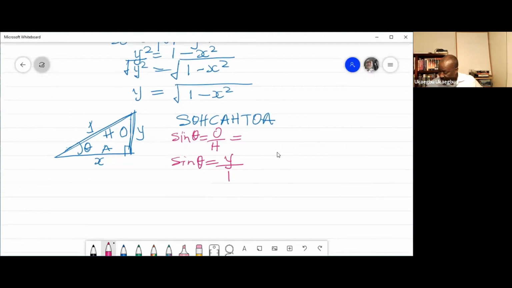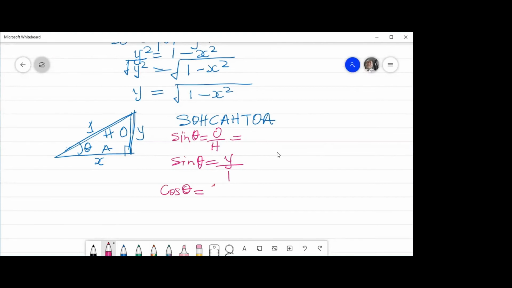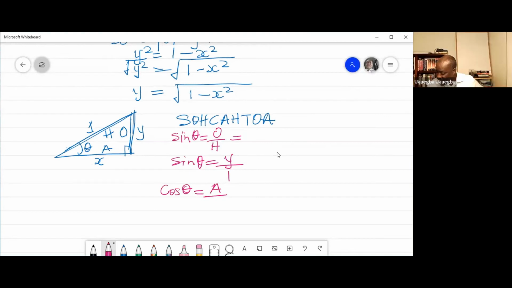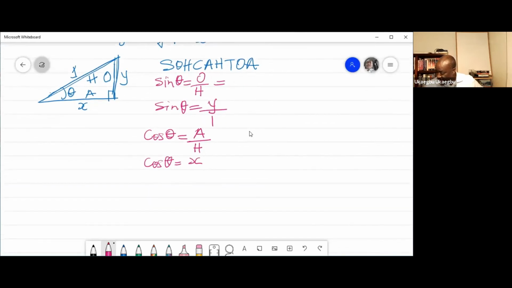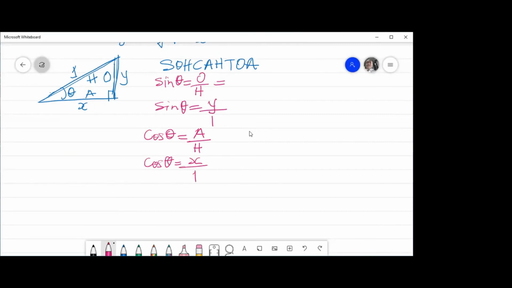On the other hand, what is cos theta? Adjacent over hypotenuse. Yes, so it's adjacent over hypotenuse. Therefore, cos theta will be, adjacent is x, and hypotenuse is 1.